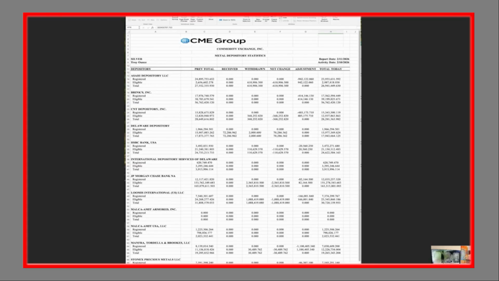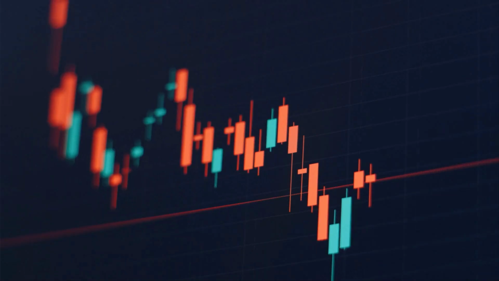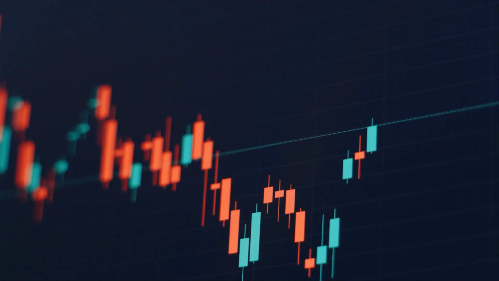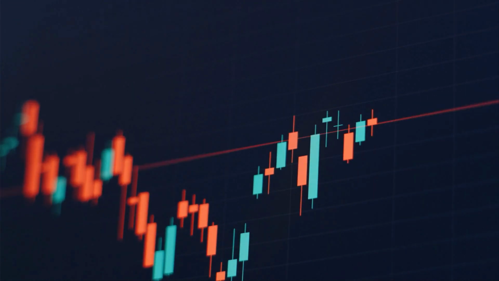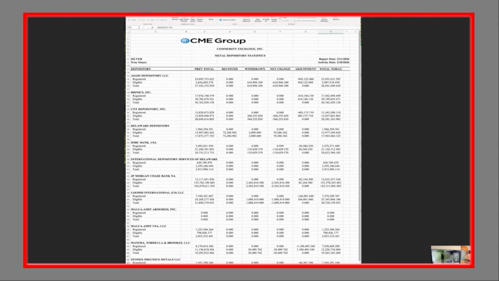So what we see is yesterday there were 101 million registered ounces and we're down to 98 million ounces. What happened to reduce the number of registered ounces? Well, we can see very clearly that 3 million ounces, it's called adjustment, went out of registered and into eligible.